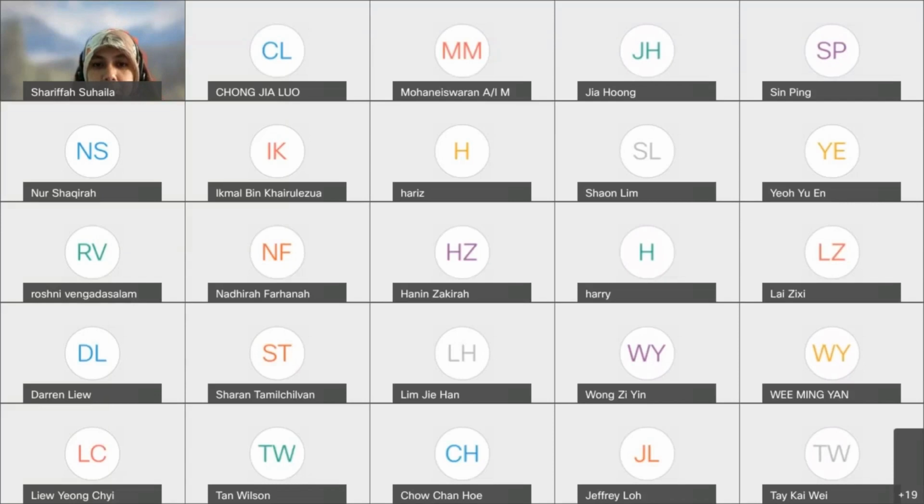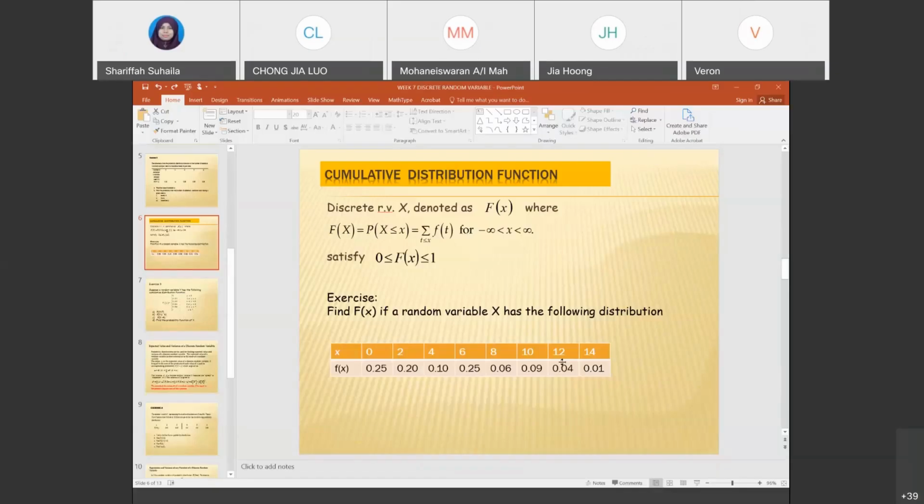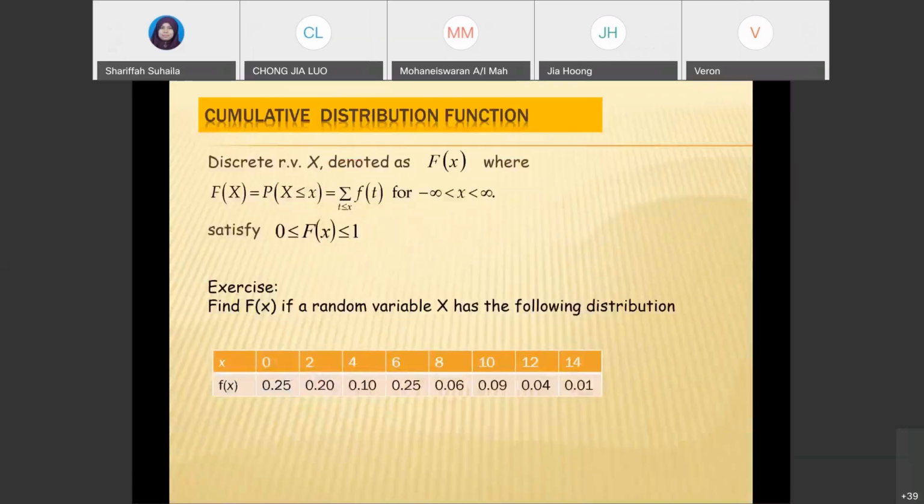Okay, kita tengok. Sekejap. We look at the concept for cumulative distribution. Sama je, cuma saya write it again. So again, discrete random variable, you have capital Fx. Capital Fx denoted as probability x less than or equals to x.